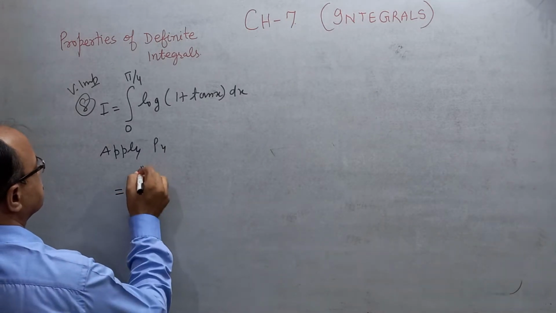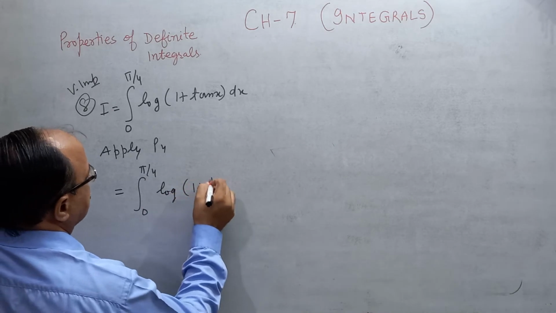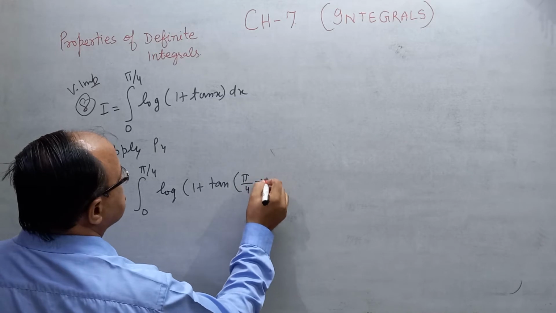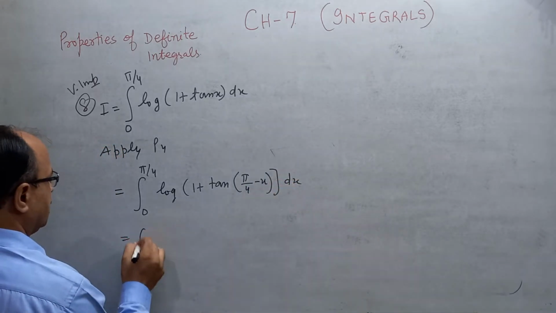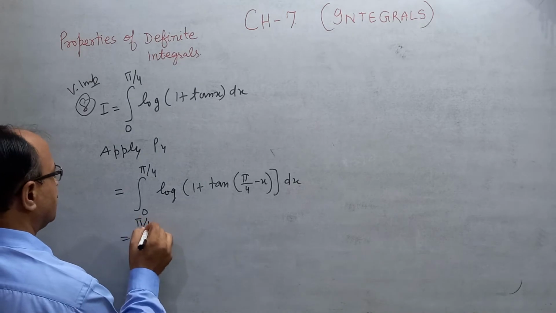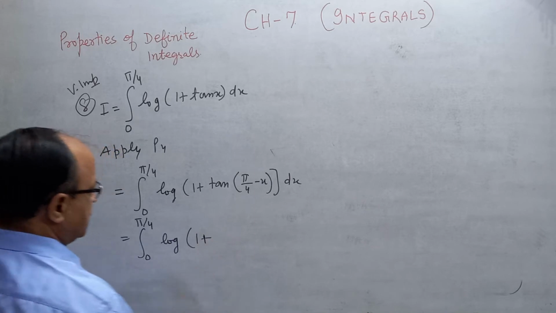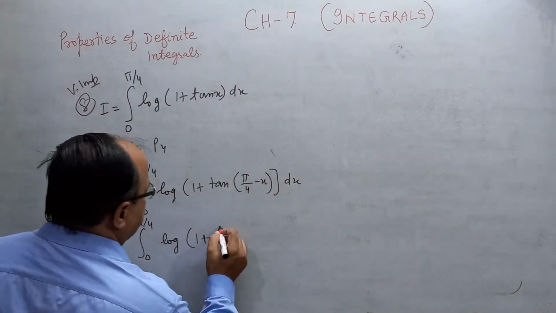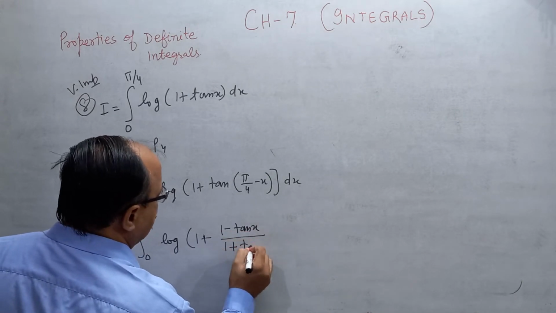Integration 0 to pi by 4 of log 1 plus tan, here you can write pi by 4 minus x, dx. Integration 0 to pi by 4 of log 1 plus the formula, you know, tan of pi by 4 minus x is 1 minus tan x upon 1 plus tan x.